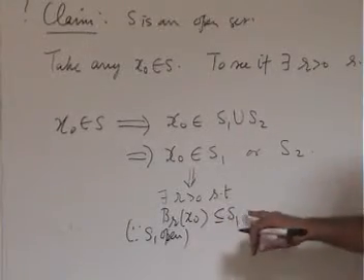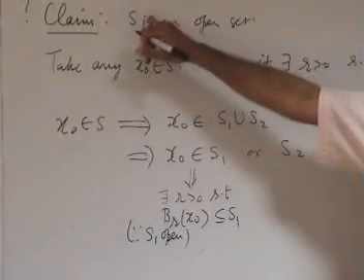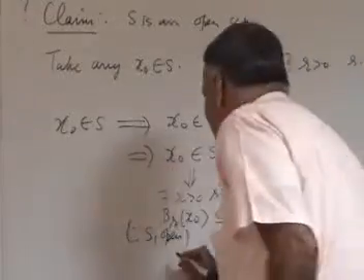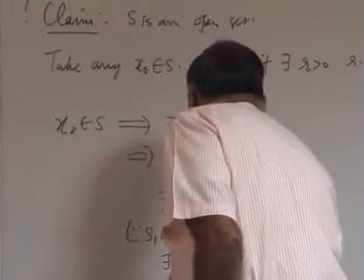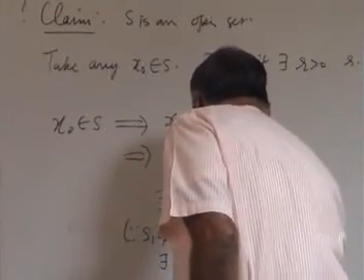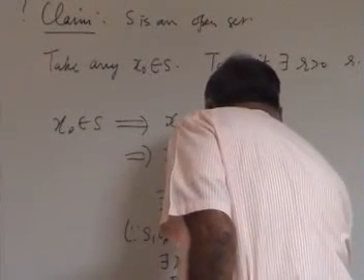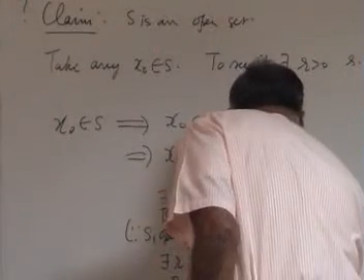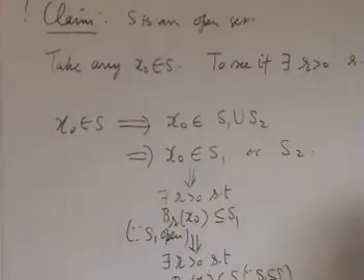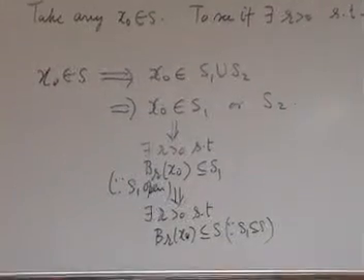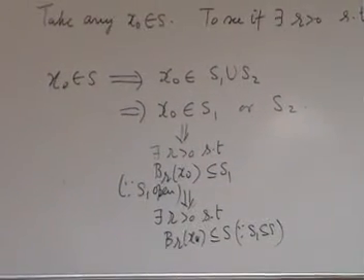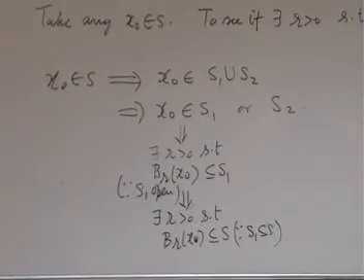But then S1 itself is a part of S. So there exists an R greater than 0 such that B_R(x naught) is contained in S, because S1 is contained in S. And we are done. We have got a ball around x naught which lies completely in S. What will happen in the other case?